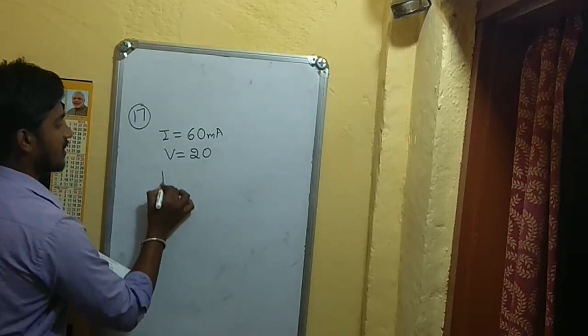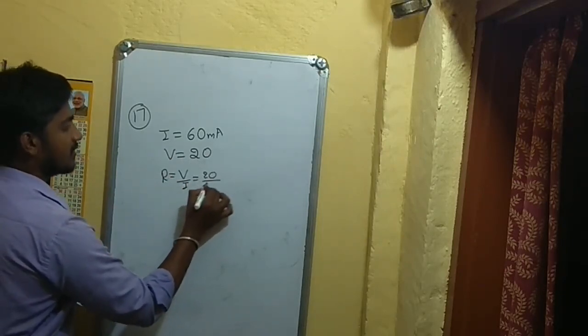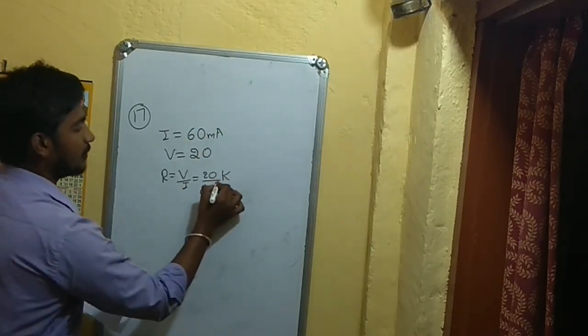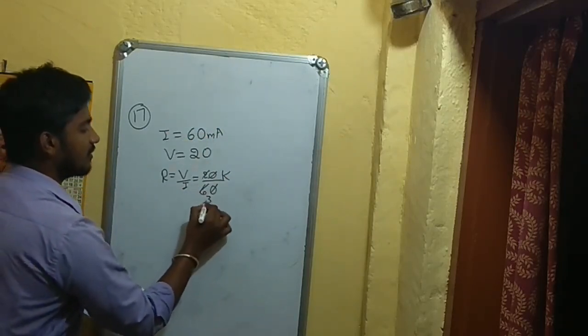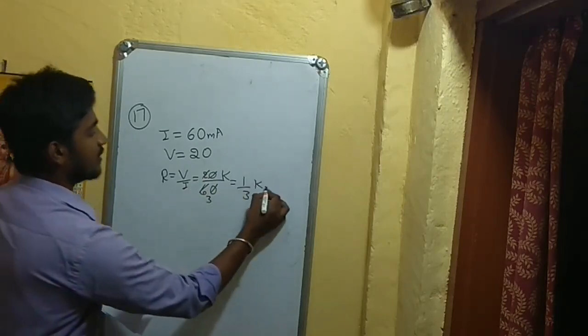What is the resistance here? R is equal to V by I. 20 by 60 milli. Milli goes to the numerator, it will be kilo. Means it will be 1 by 3 kilo. Okay, keep it like that.